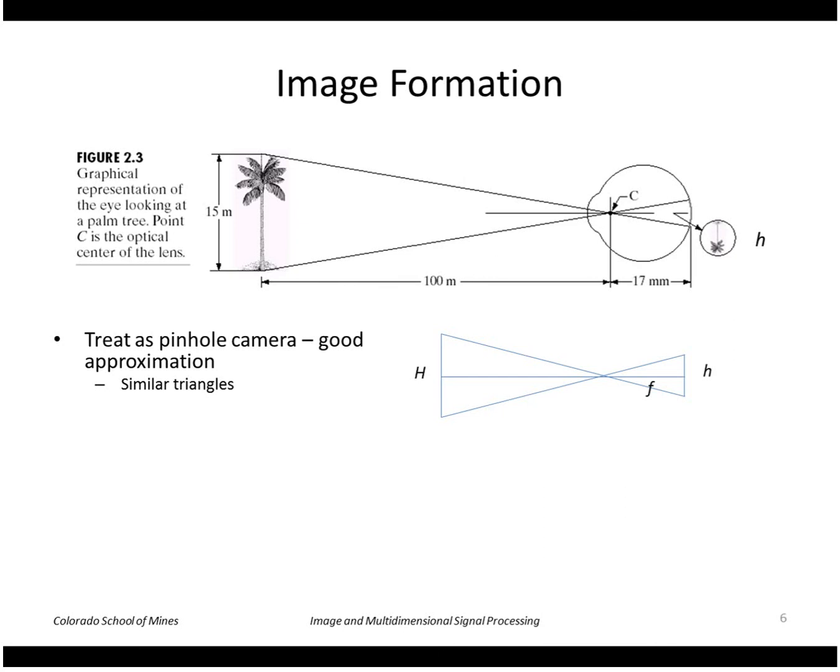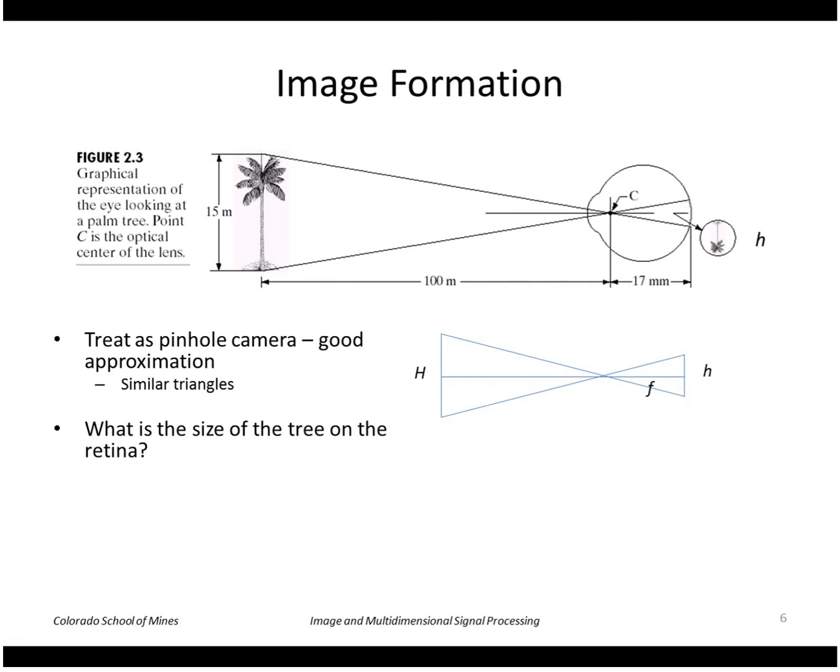What that means is you have a very narrow pinhole aperture through which light passes undeflected, and the rays just project directly onto the image plane here. This is an easy way to predict size of objects because we can use similar triangles. Namely, the ratio of the height of the object to the distance is the same as the height on the image plane compared to the focal length f here.